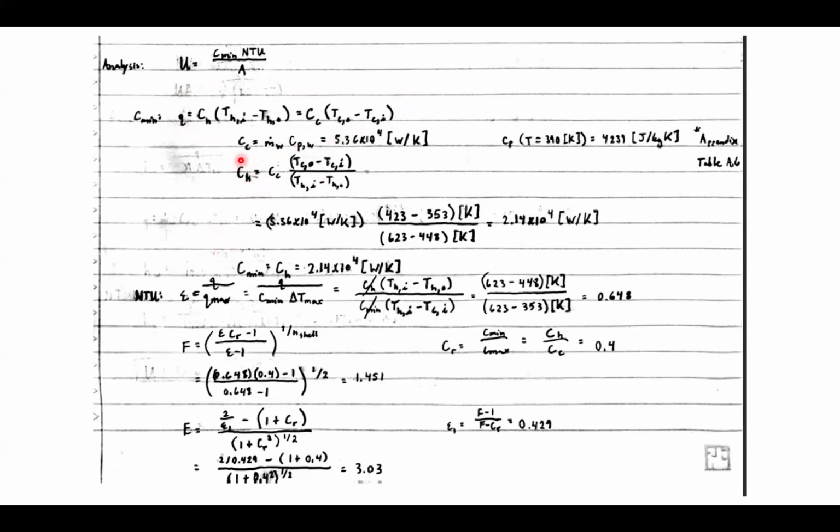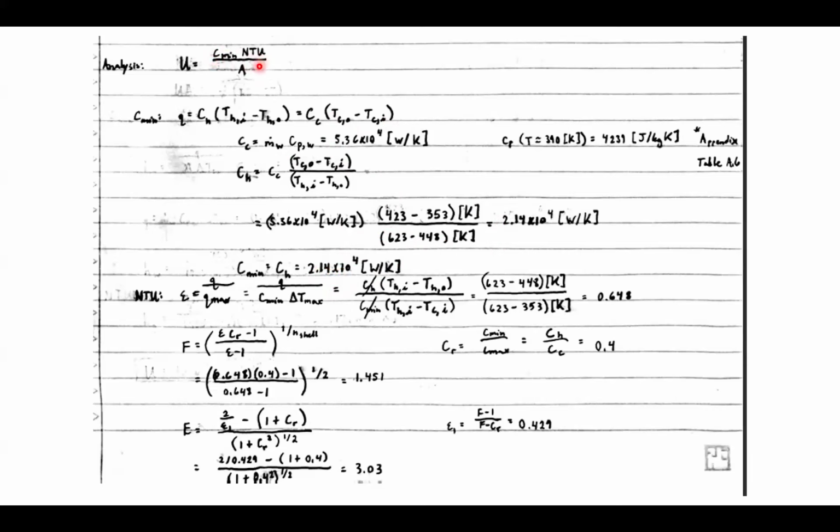And when I compare the cold side and hot side heat capacities, I see that the hot side is smaller than the cold side, so that must be the minimum heat capacity term. So that's one of the terms solved for.